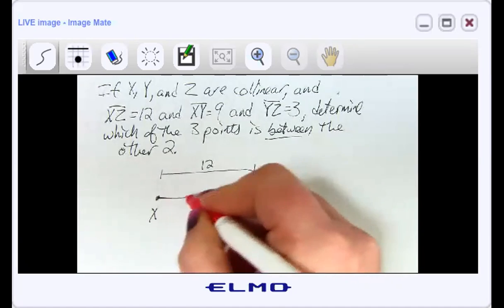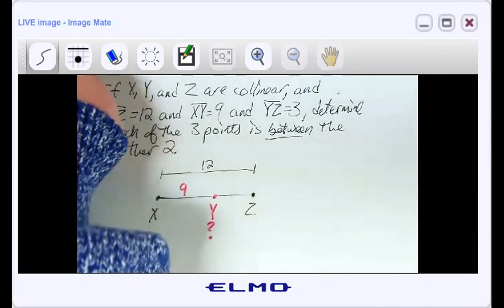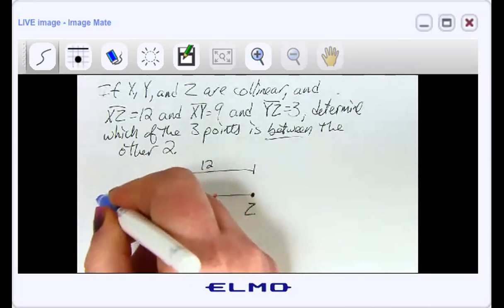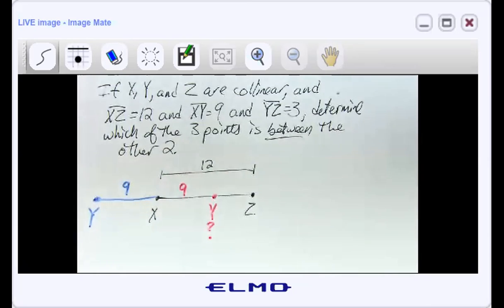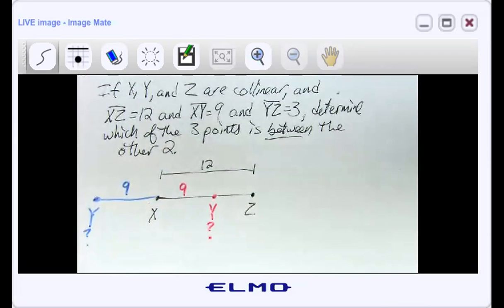There's XY, and that could be length 9. That's true. But what if instead Y went the other way? What if it was X and then Y was somewhere over here? That would still give me an XY that's 9 units long. Let me put my question mark. I don't know which of these two it is yet.